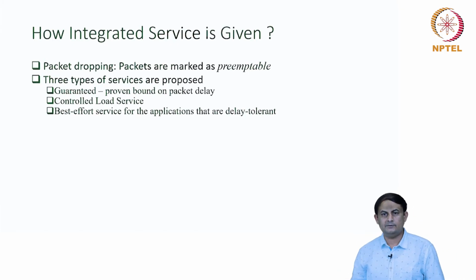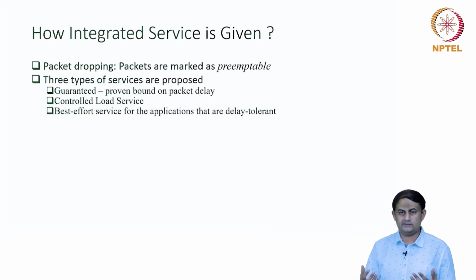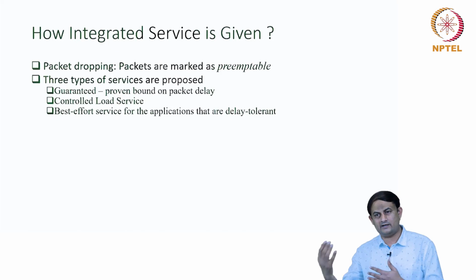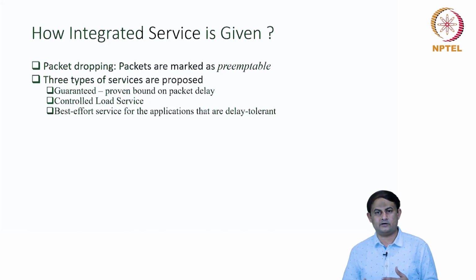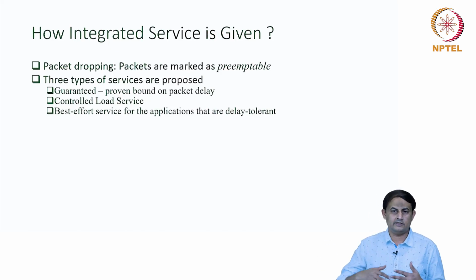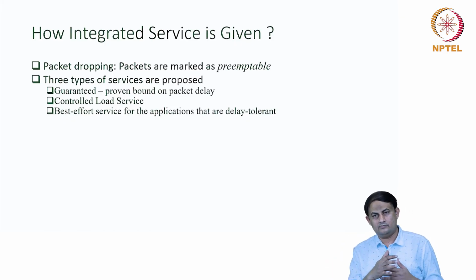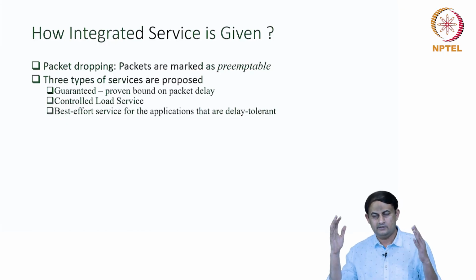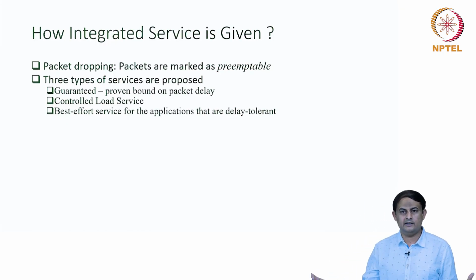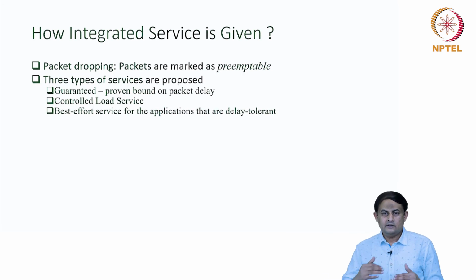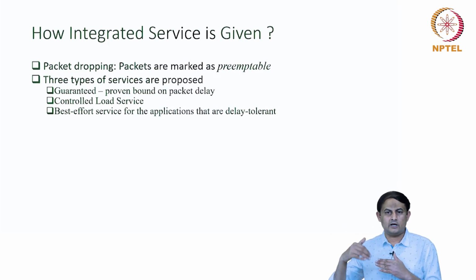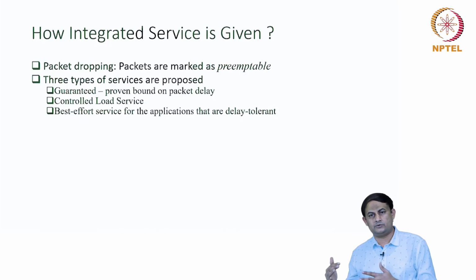And the second type of service that it provides is called the controlled load service. This is typically for the second category of real-time applications, which are delay adaptive, where the requirement is not very stringent. If you have more bandwidth available, or lesser end-to-end delay, the better it is, and the application can adapt to the availability of the resources.